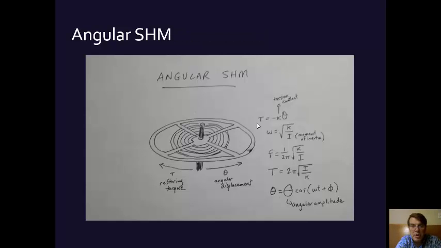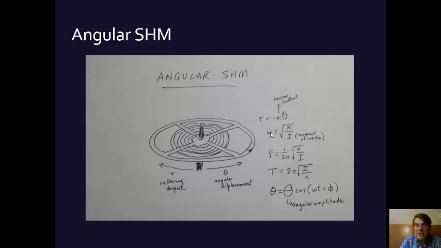So angular simple harmonic motion, that's my bad drawing here, but instead of x you have theta, an angular displacement, and instead of a restoring force you have a restoring torque, where torque is basically force as it relates to angular kinds of things. These formulas look a little bit different, but they're basically just angular versions of what we had for the spring.